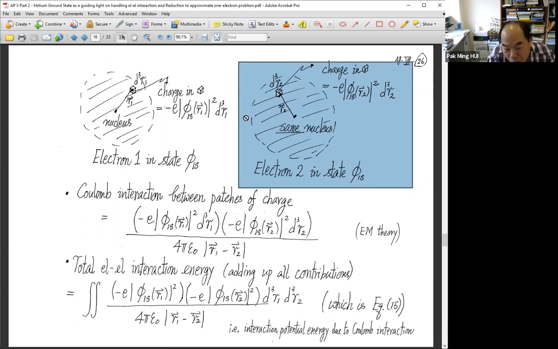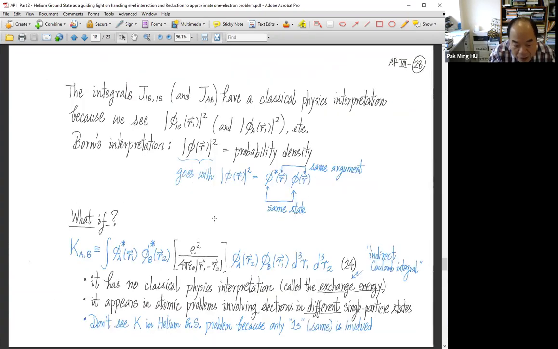I add up all the contributions due to R2, the second electron, thereby I know the contribution of the second electron at a particular position of the first electron R1. And that is this thing in the middle.